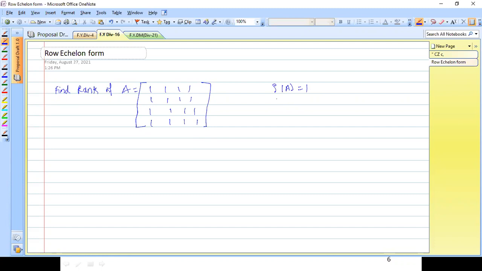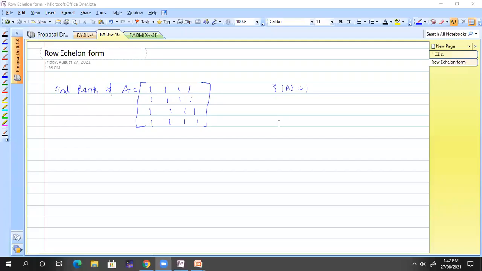Any other answer? Yes, 86 people we have here. Any other answer? Okay, everyone is thinking it's 1, and 1 is the correct answer.